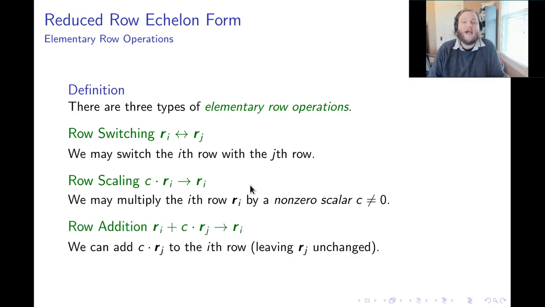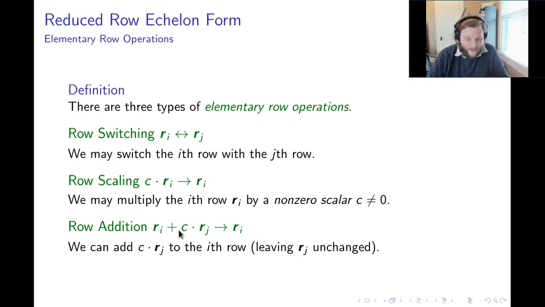And the third type of elementary row operation is called row addition. Here, the idea is that we can take one of the rows, maybe row i, and add a scalar multiple of another row, maybe row j.